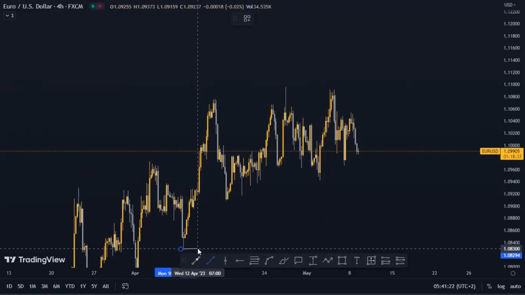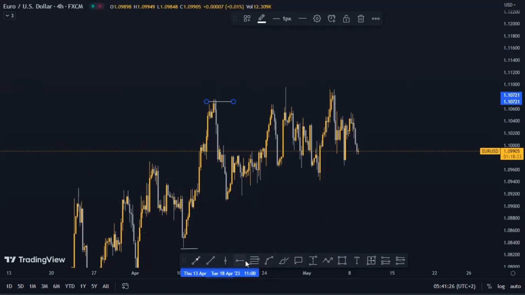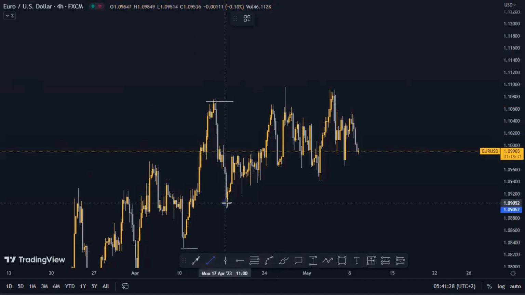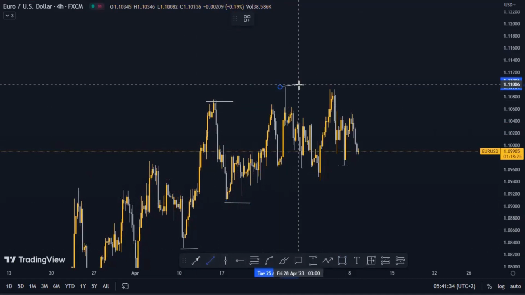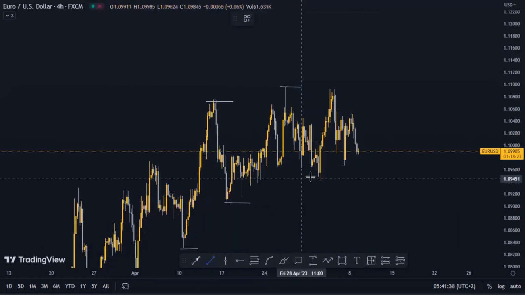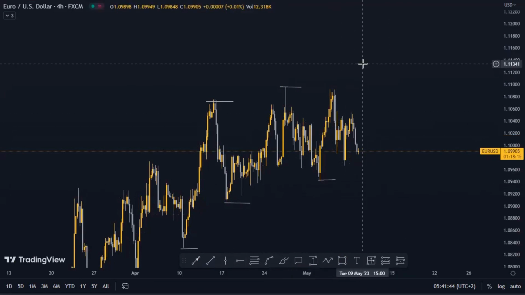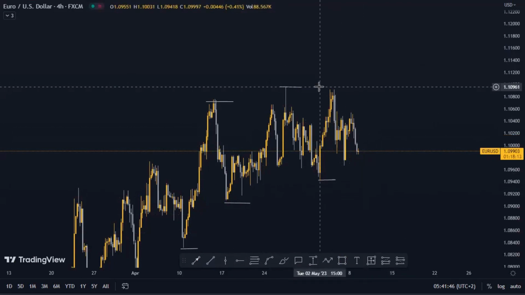So with a higher low here, we've got a higher high there, a higher low here. After beating this high, we have a higher high there. And this is a potential higher low once we've broken above this area of 1.10900.